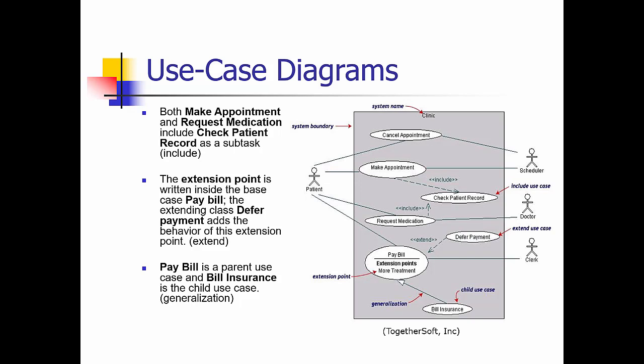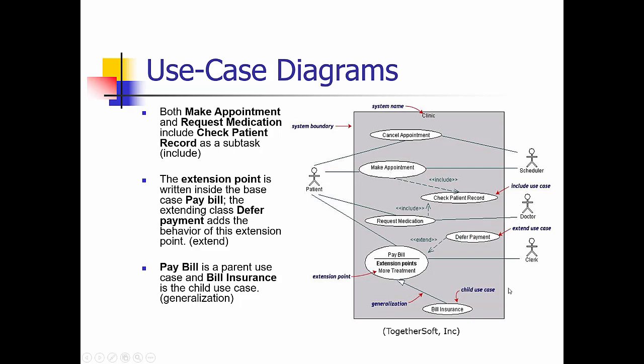There are include points. Both make appointment use case and request medication use case have this common functionality, checking the patient record. So they both include that repetitive, redundant functionality instead of specifying it separately in the more detailed steps that we haven't gotten to yet.